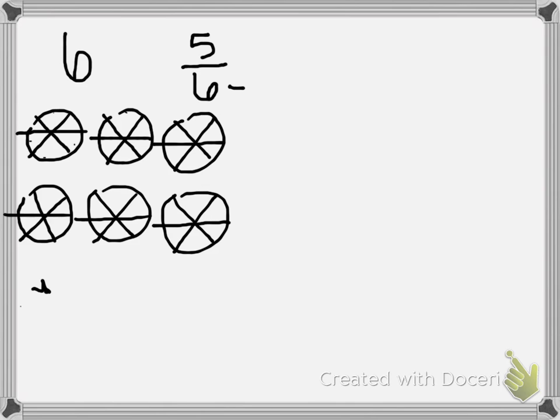Now let's count how many pieces I have. I have 1, 2, 3, all the way up to 36. This fraction would be 36 over 6.